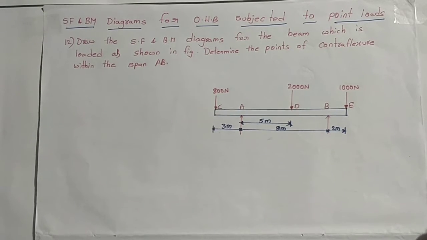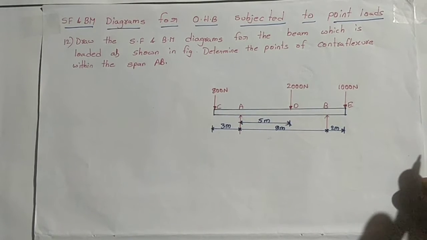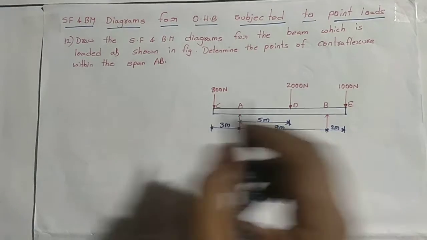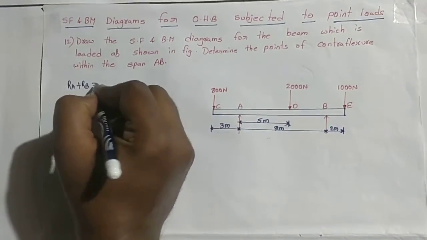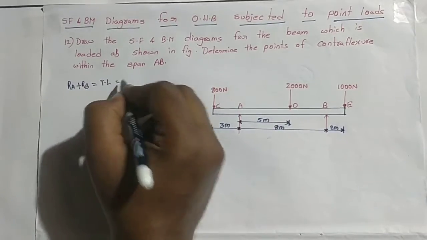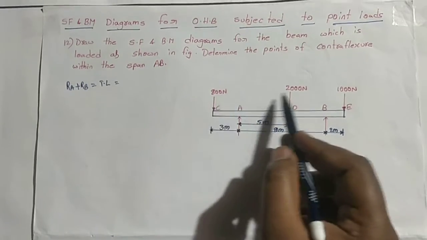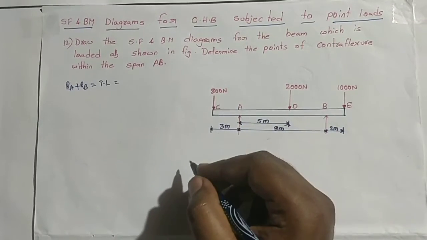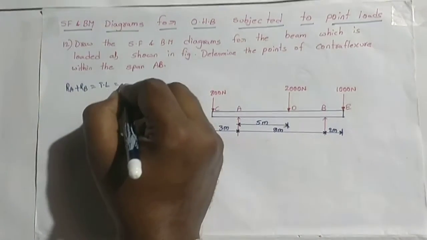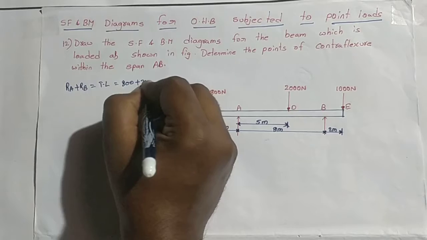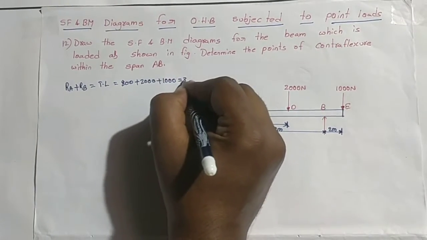First we need to calculate the reaction forces. Here we know that RA plus RB is equal to the total load on the beam. The total load on the beam we can directly calculate from the diagram: 800 plus 2000 plus 1000, total 3800.